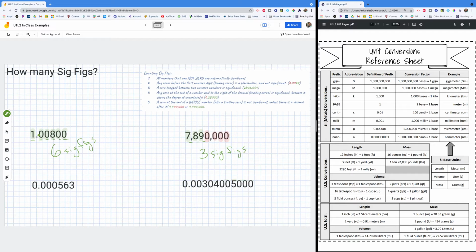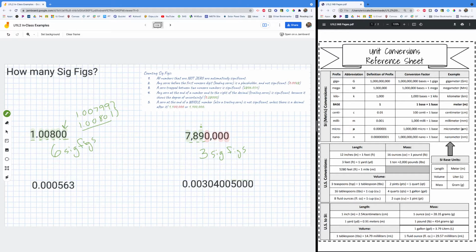Now remember, when we look at a measurement, we can assume that it's plus or minus 1 in the last significant digit. So this one could be 1.00799, or it could be 1.00801, or it could be this number. So I'm saying I know all of these numbers up to here, and then it's within this range.